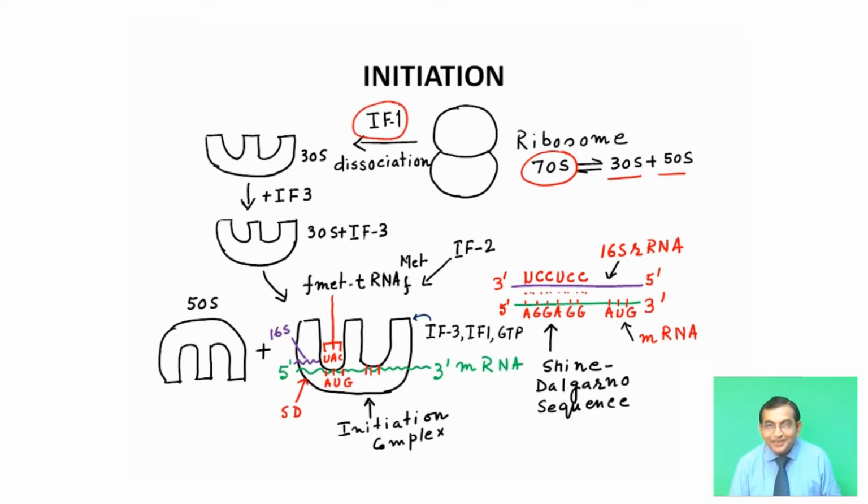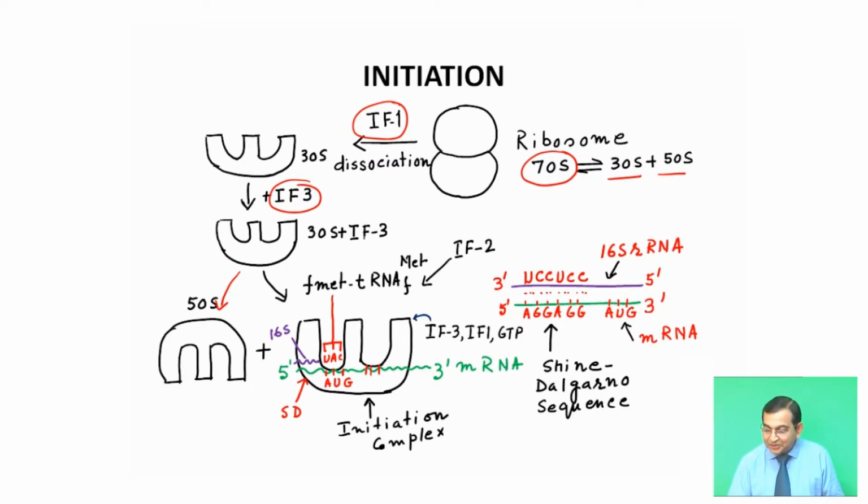Now, this 30S subunit binds with initiation factor 3, which results in the formation of 30S plus IF3. Initiation factor 3 prevents the reassociation of the 30S subunit with the 50S subunit.